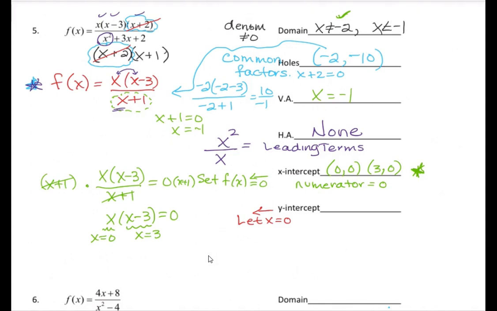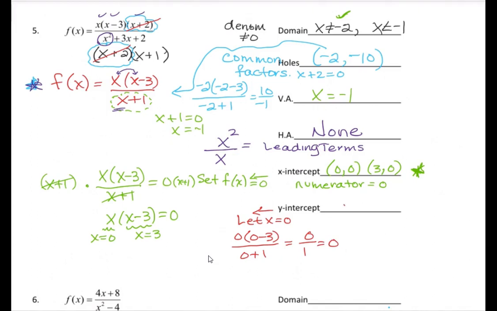So everywhere I see an x, I'm going to replace it with 0. So I'd get 0 times 0 minus 3 over 0 plus 1. And of course, 0 times anything is just 0, and 0 divided by anything except for 0 is 0.